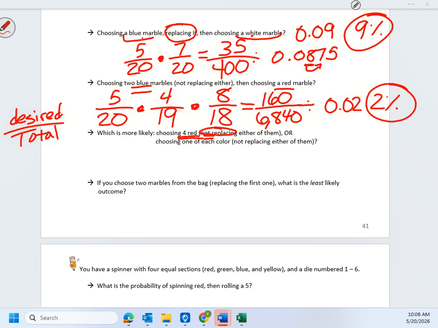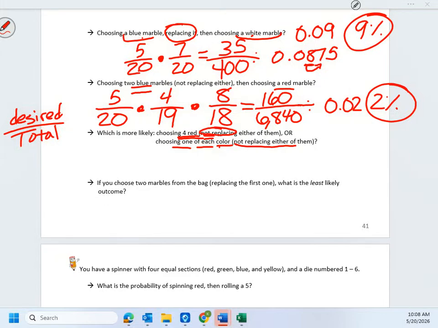It's also going to change how many reds are in the bag. Or choosing one of each color, not replacing either of them. How many colors do we have? We have blue, red, and white. So that is 3 events. So that means we have to do 2 separate problems.